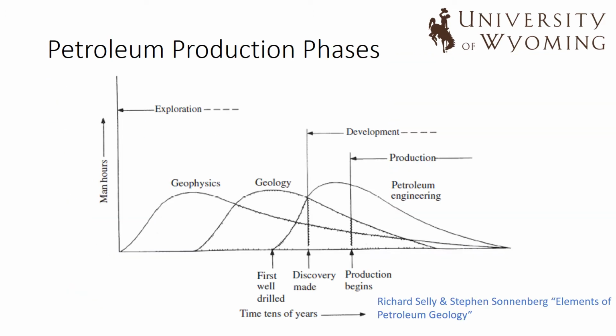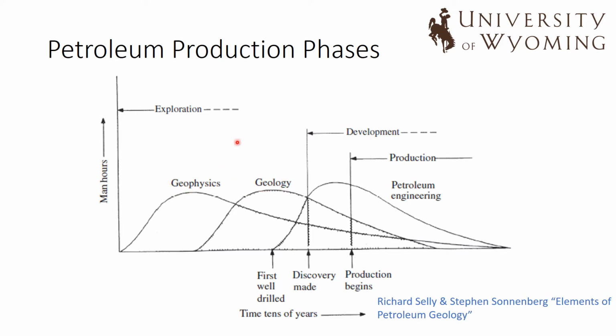For the petroleum production phases, we generally have an exploration phase and a development phase. The difference between them is that in exploration, we try to find the reservoir, and this is the job of the geophysicists and geologists.